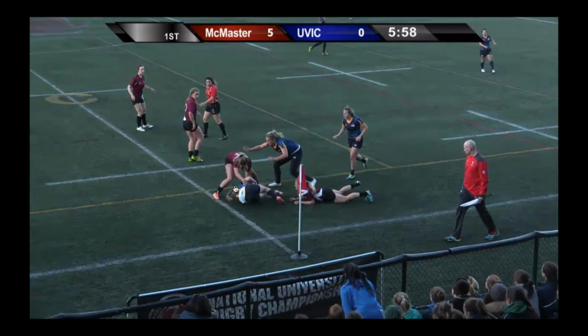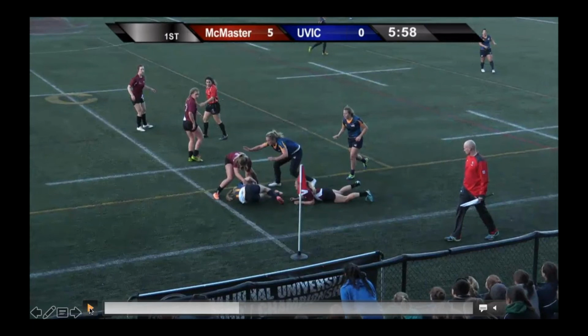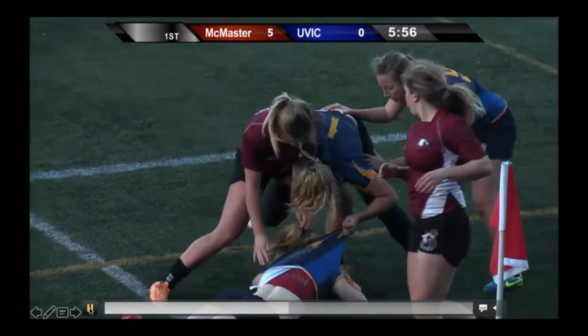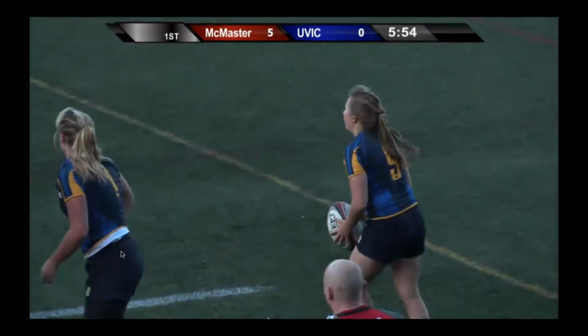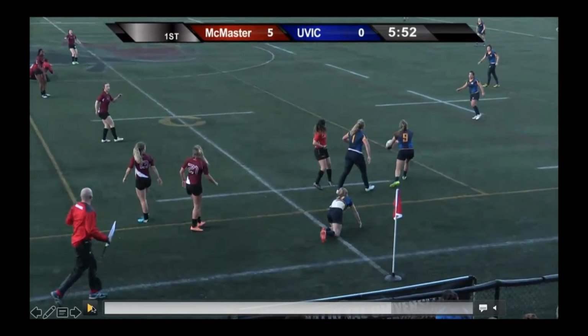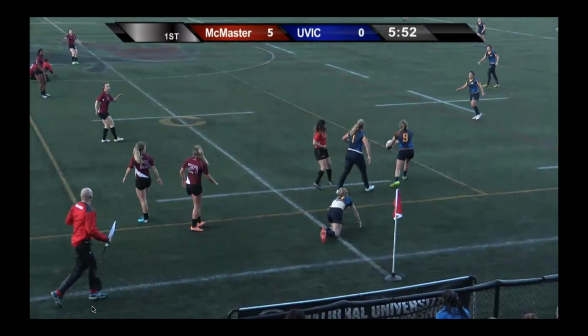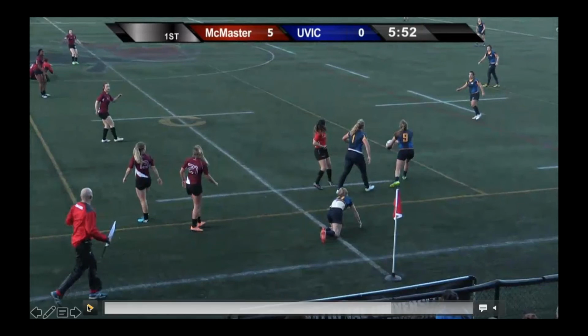So hasn't come around through her gate and is now contesting. And what she's doing is just slowing the clean out down enough to prevent the ball from being able to be moved, right? And so again, no advantage for blue would come from that, right? Because we're not going to get the ball out quickly enough for us to be able to use that space very well. So good work here by the referee to just blow that one straight up.